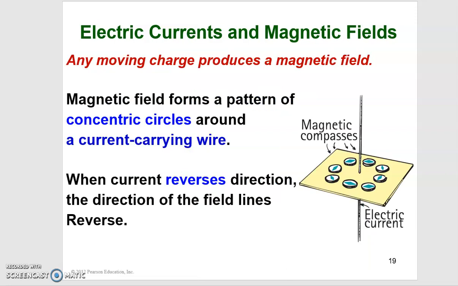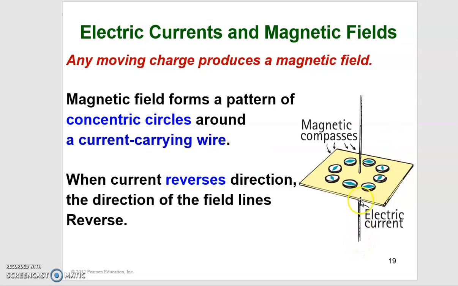We already learned that any moving charged particle can produce a magnetic field. And for the magnetic field formed by the long wire current, the direction of the magnetic field can be determined by the so-called right-hand rule. Let me show you how to use it.